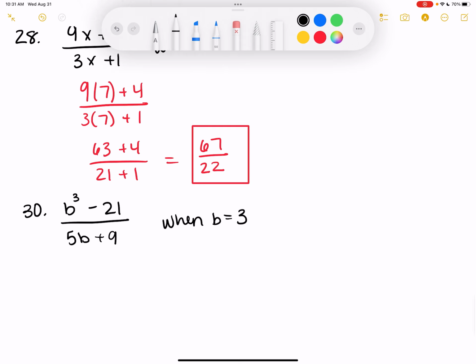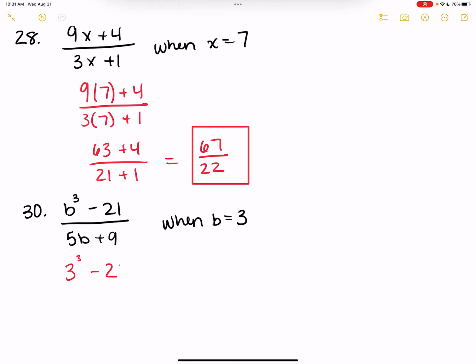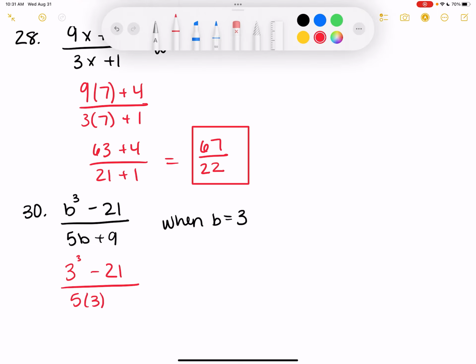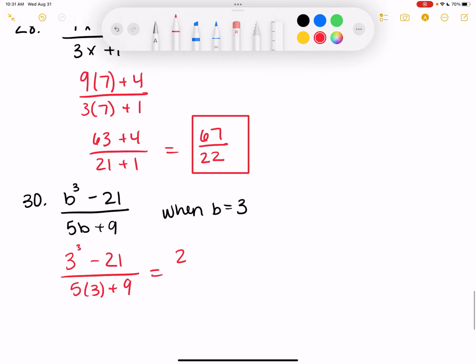Alright, so first you would have plugged in the 3. So you got 3 raised to the third minus 21 over 5 times 3 plus 9. So then what did you do? The exponent. So what was 3 raised to the third? 27 minus 21 over 5 times 3 plus 9. And then what? 5 times 3.